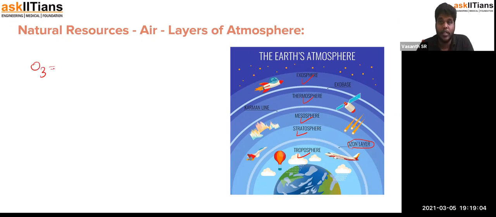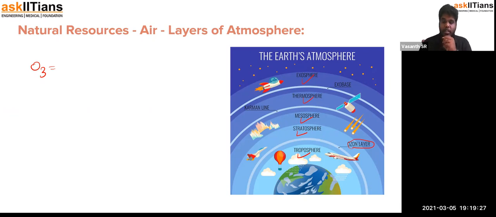It is a completely unstable compound which can constantly undergo reaction. But the only thing that is protecting us from the harmful UV rays is this O3 molecule. This O3 molecule refracts the light, not every light, UV light, and defends us from the harmfulness of the UV rays.